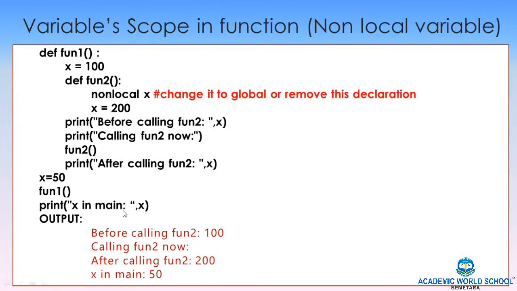A non-local variable works only inside the function, when we are using nested functions. Suppose in a nested function you want to use a variable as a non-local variable, meaning a global variable for a particular function. In that case we can use a non-local variable, which will work only inside the function, not outside the function. But if we declare a global variable, that variable will work throughout the program.